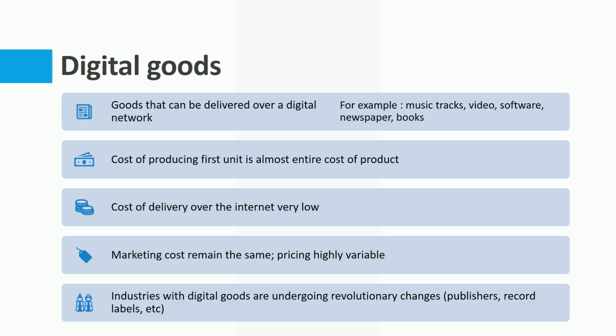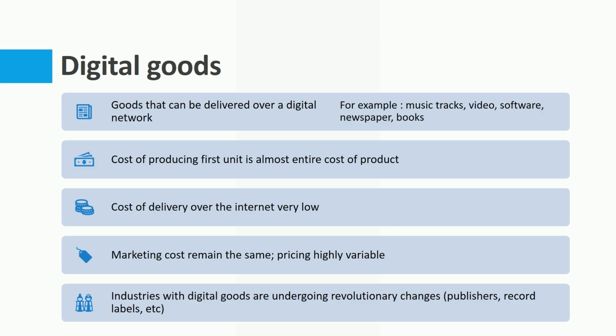The internet has transformed the way we buy and consume digital goods like music, movies, software, and books. And these products can be easily delivered online, reducing the need for physical copies.